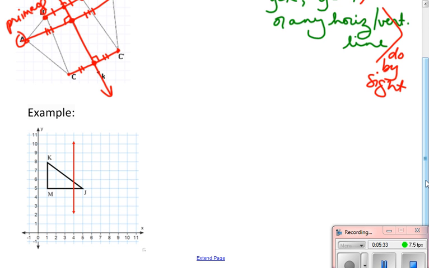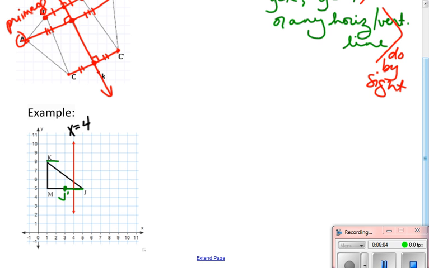So if we look at this example, and this is reflecting over the line x equals 4, so vertical line through 4, where would this point end up? Well, J is 1 unit from the line, so J prime ends up over here. Think about folding this and ink blotting triangle JKM across the red line.